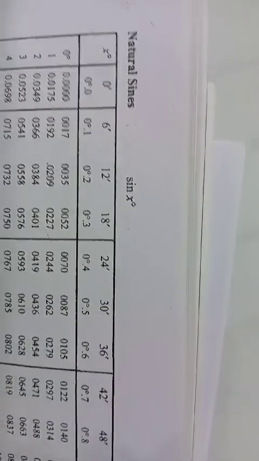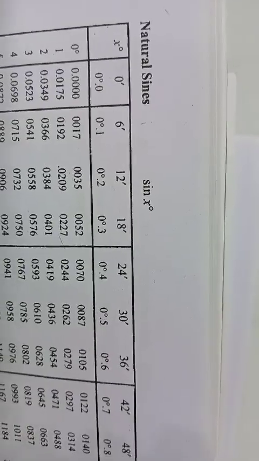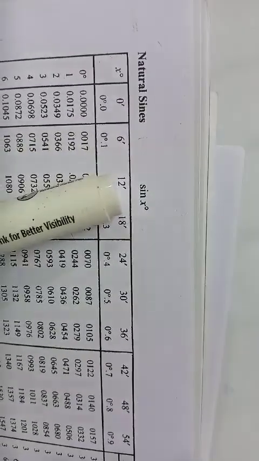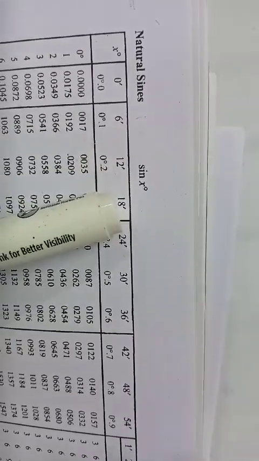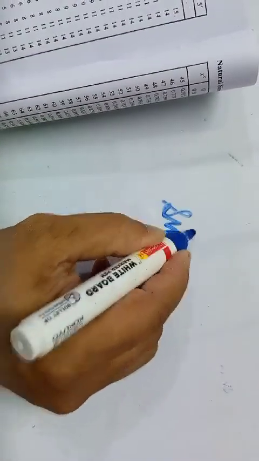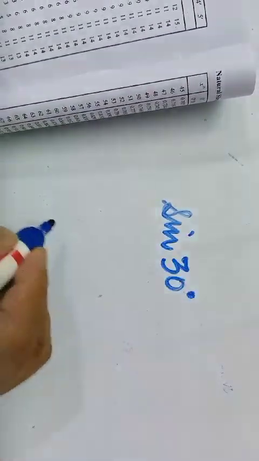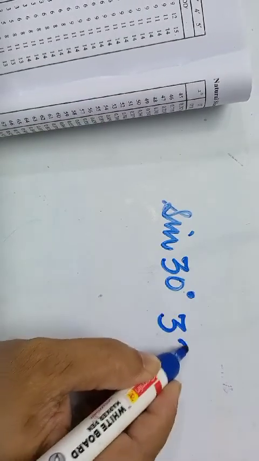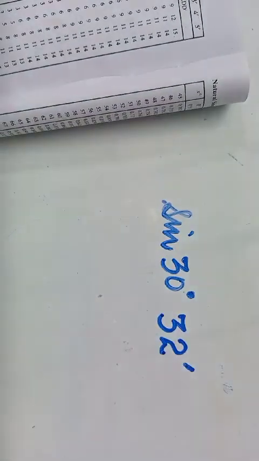Okay, so is it a necessity that you will always be asked sine of 30 degree 6 minutes, sine of 30 degree 12 minutes, sine of 30 degree 18 minutes? Can't you be asked sine 30 degree and let's say 32 minutes? Now let's have a look here.